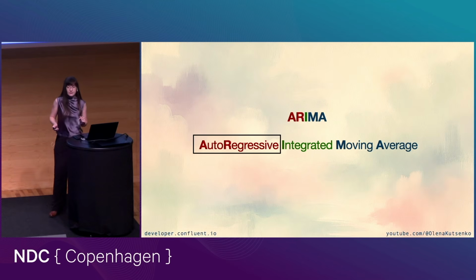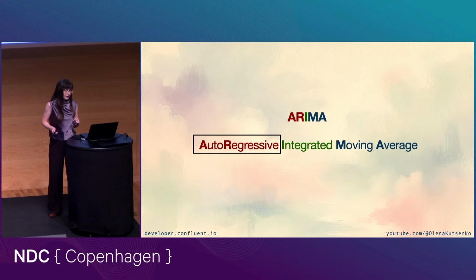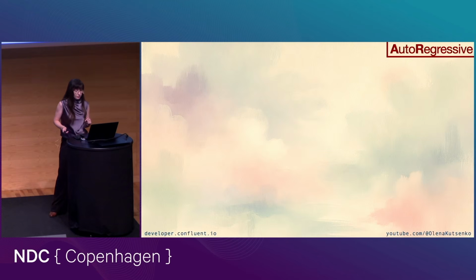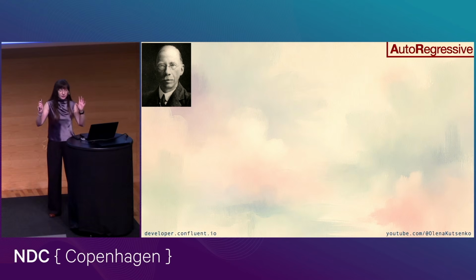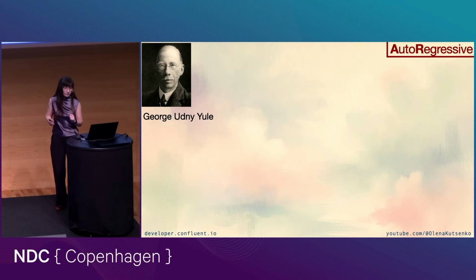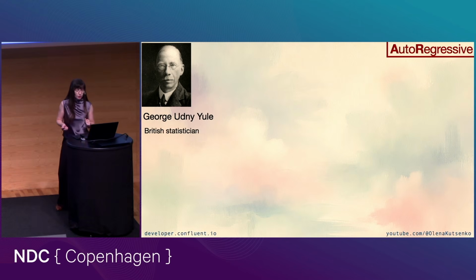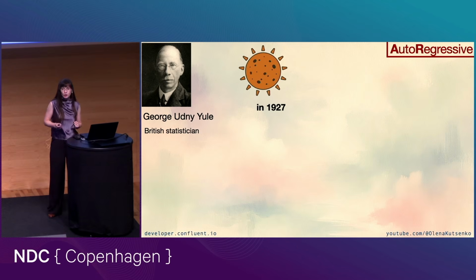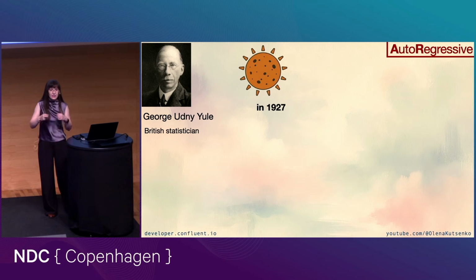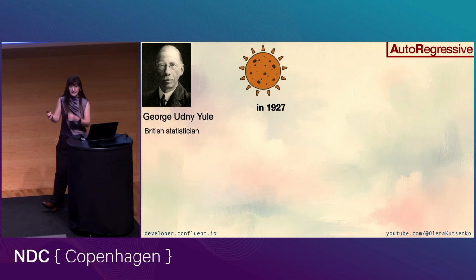The first one is the autoregressive chunk of this model. It's attributed to a very smart guy, a British statistician, George Udny Yule, who back in 1927 set a goal to define a mathematical way to model noisy periodic behavior.